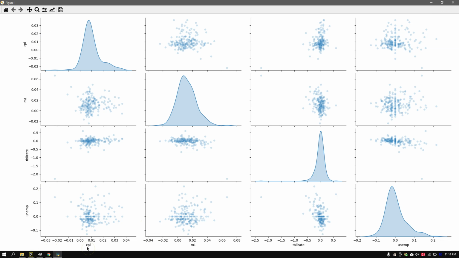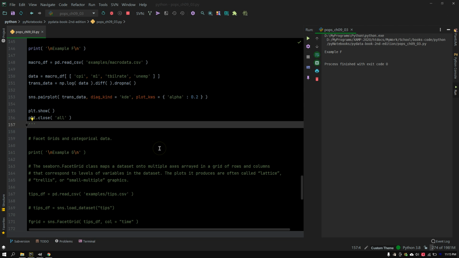You see, CPI, M1, ONM, T bill rate here and here, M1 here and here, CPI here and here. Well, you will decipher it, please. Moving on.